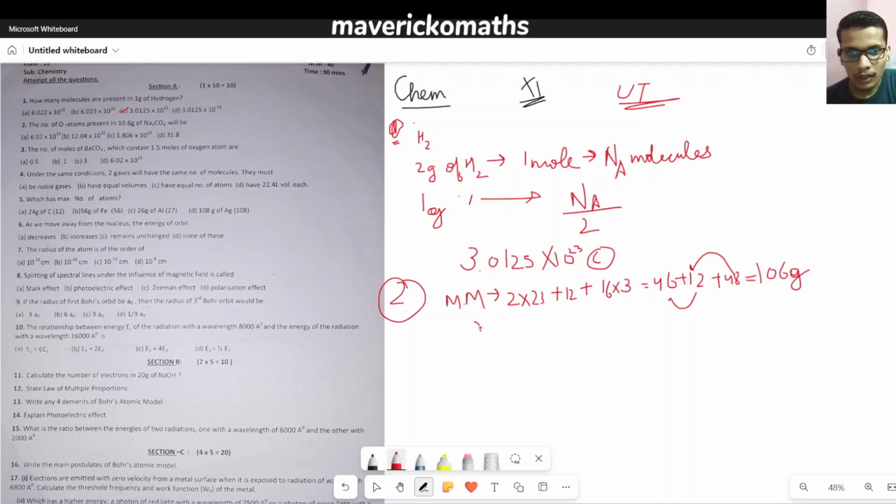We have to find the number of moles of the given compound. The number of moles here will be given mass upon molar mass. The given mass is 10.6 divided by 106, which equals 0.1, so it will be 0.1 mole. Now here come the oxygen atoms. In 1 mole of Na2CO3 there are 3 moles of oxygen atoms.